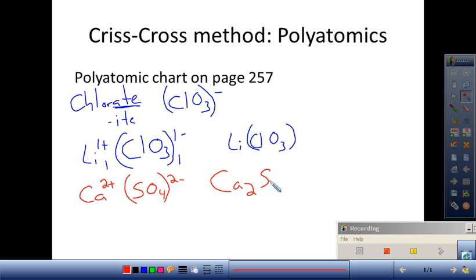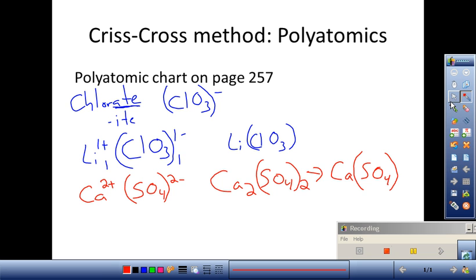That 2 goes down there. Definitely need parentheses on this guy. So I've crisscrossed the 2's. Now this is a 2-to-2 ratio. That's the same as 1-to-1, so I'm going to reduce it down again. And you might as well put parentheses, it never hurts. So polyatomics are no different as far as the crisscross method.